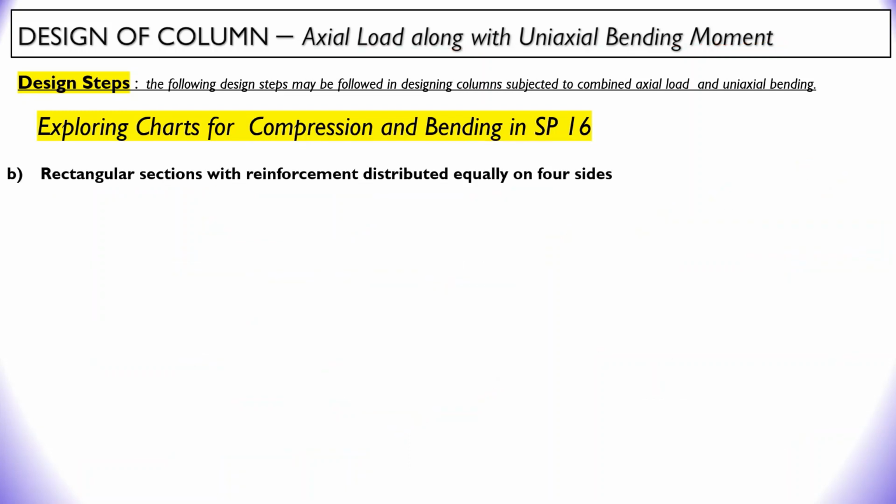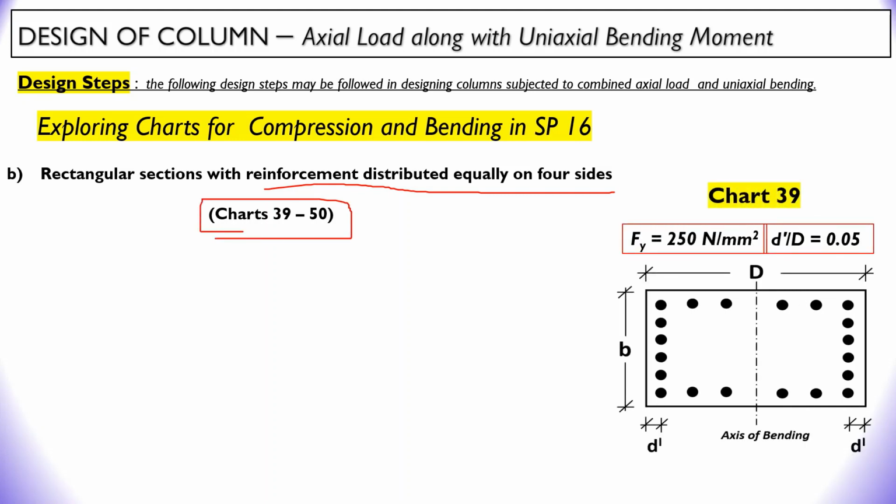Now, if a section is a rectangular type of section with the reinforcement distributed equally on all four sides, then what are the various charts which are applicable? Chart number 39 to 50 will be applicable in case of these types of sections. Now you can see I have selected chart number 39.